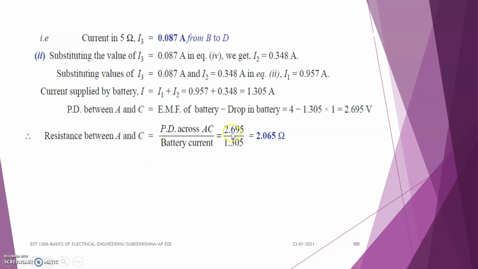So after substituting these values we get the resistance between A and C as 2.065 ohm. So this is about this problem. We can easily find out the resistance between A and C, the potential difference between A and C, and the unknown currents by using this technique. Thank you.